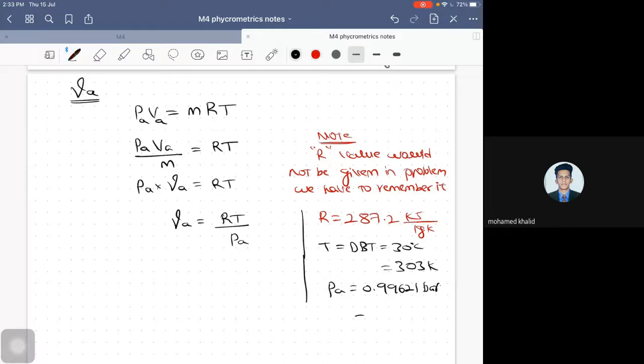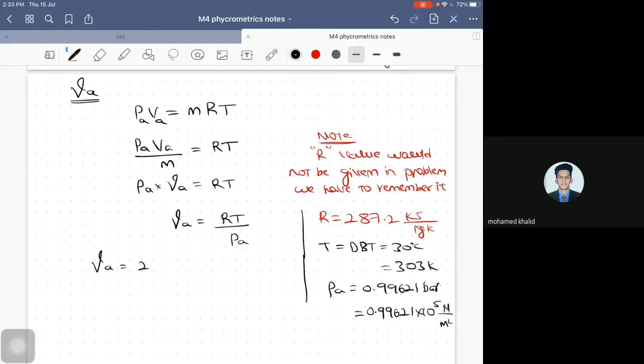Now, pressure value you have to substitute in Newton per meter square, so I will be converting it. 0.99621 bar, in the sense it is 10 to the power of 5 Newton per meter square. Now, please do substitute all the values to calculate the value of specific volume of air.